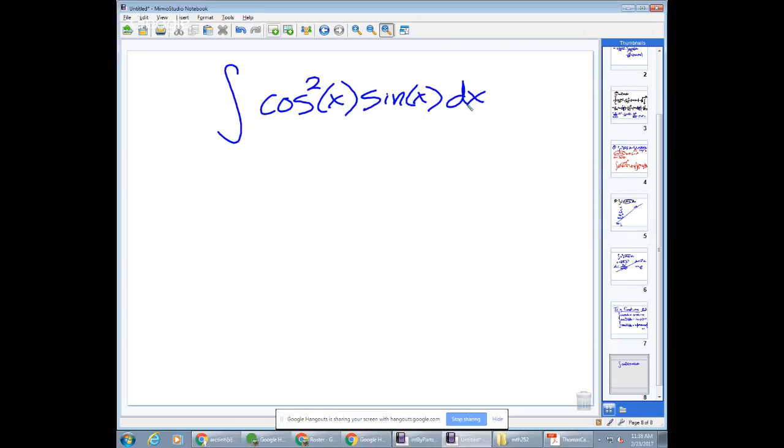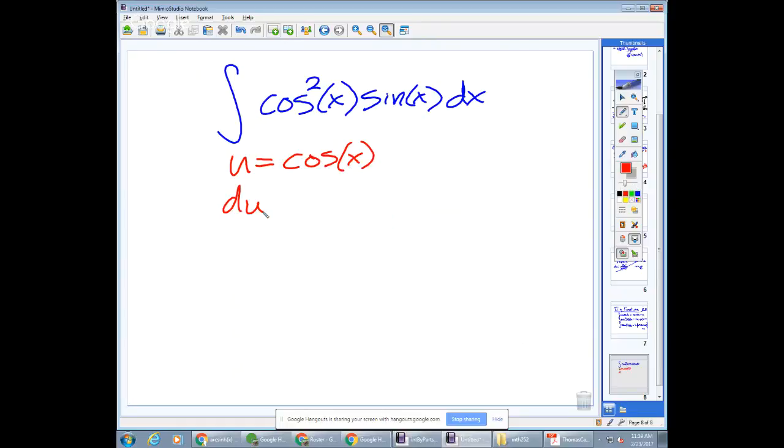So I think I have a regular u substitution in front of me here. If we let u equal cosine of x, then du is the opposite of the sine of x dx, and I have my sine of x. The only thing I'm missing is my opposite.